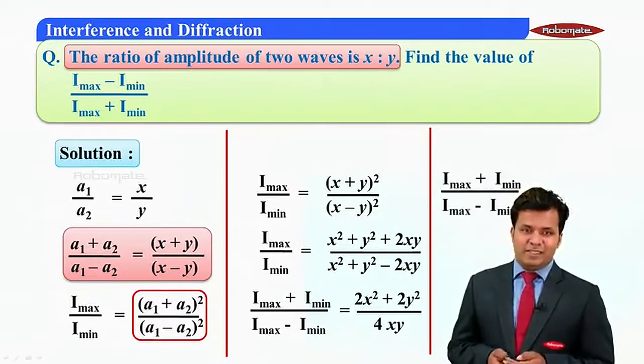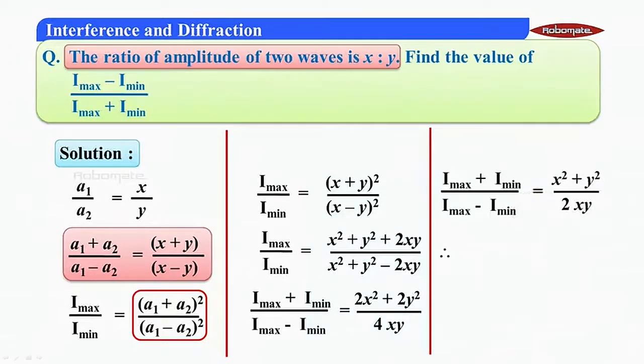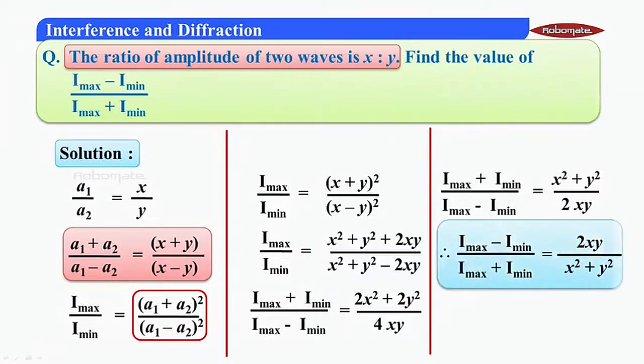On inverting this, it would look like the reciprocal of this. You can see we have taken 2 common and cancelled it. So this is our answer: I max minus I minimum upon I max plus I minimum equals 2XY upon X square plus Y square. This was your second numerical, guys.